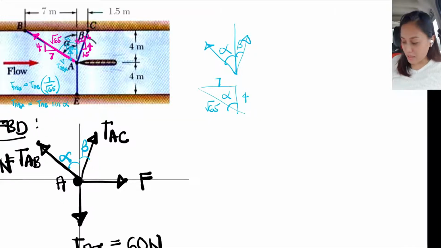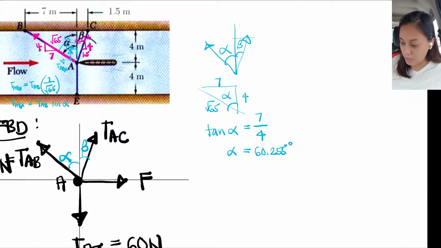So what is alpha? Tangent of alpha is equal to opposite over adjacent, 7 over 4. So alpha is equal to inverse tangent of 7 over 4, which is 60.255 degrees.